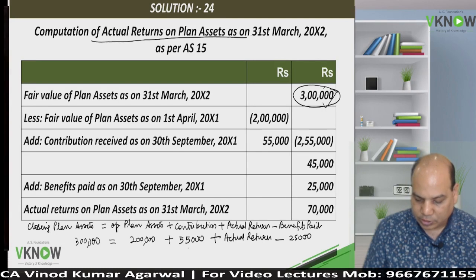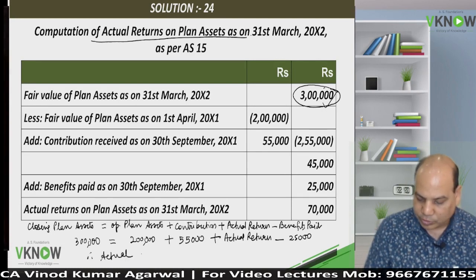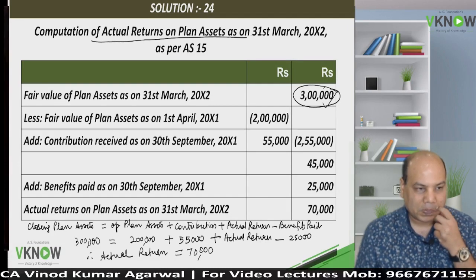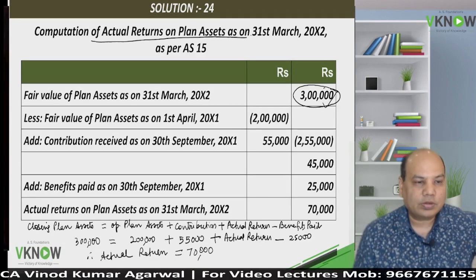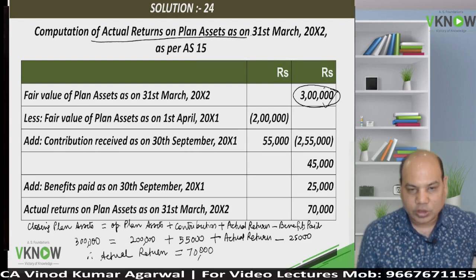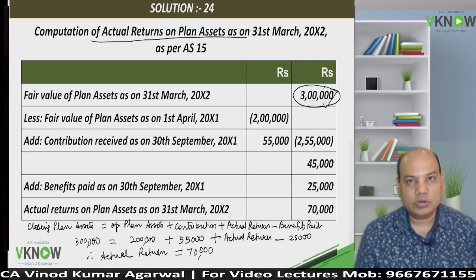Therefore when you solve this equation, the actual return is equal to 70,000. This way also you can solve. Okay.